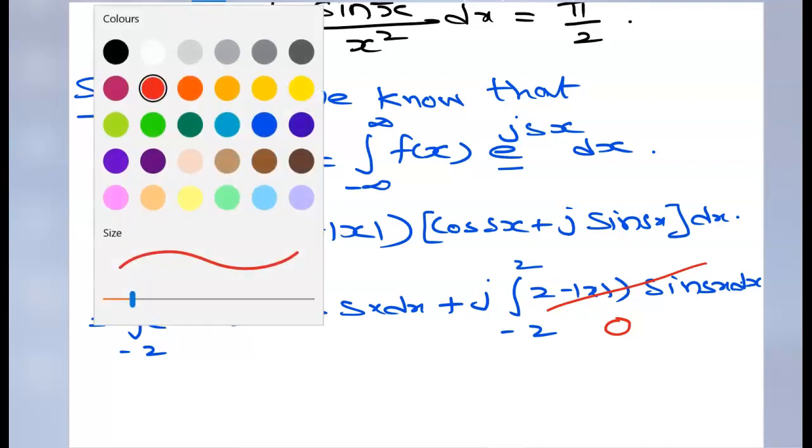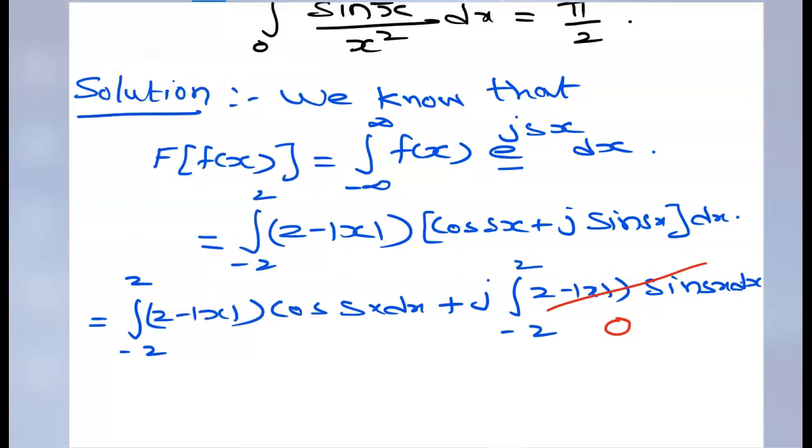The integral with the cosine is an even function. So what does it mean? I can write it as 2 times the integral from 0 to 2 of 2 minus x, cos s x dx. Why do I write x? If it is positive, modulus of x is equal to x.